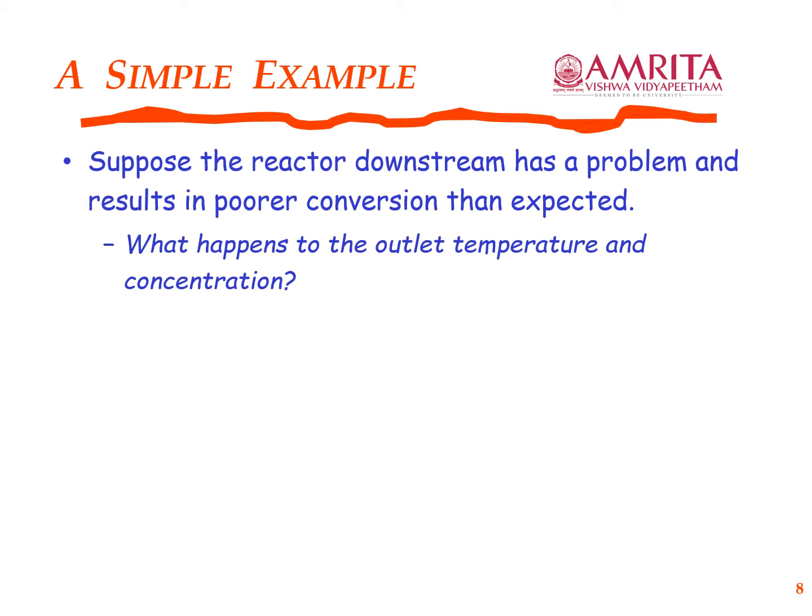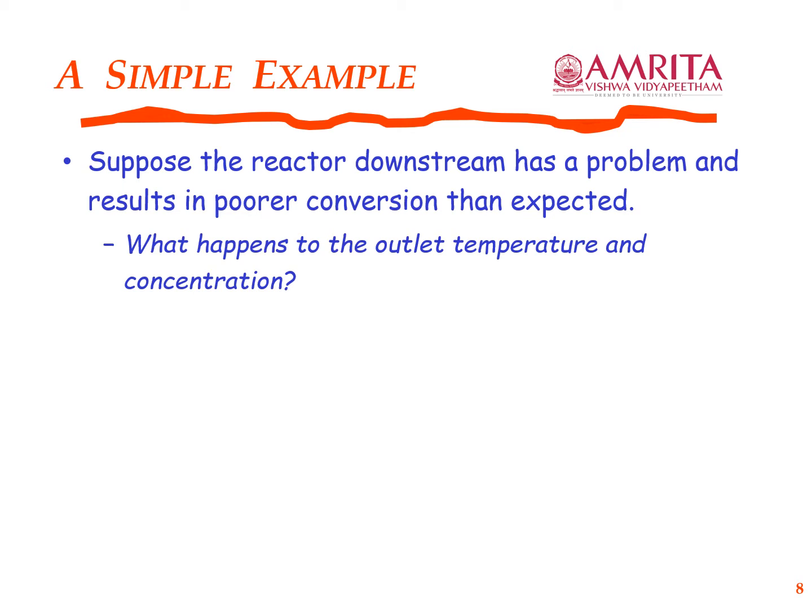Now, since this reaction is an exothermic reaction, and since you did not have sufficient reaction, that means the energy released in the reactor would be lesser, and therefore your outlet temperature would not be as high as you would have initially expected, which means the cooler would have cooled, unless you did something at the cooler, the product mixture to a temperature lower than 130 degrees Celsius, which basically means the temperature of your recycled stream is dropping below 120 degrees Celsius, right?